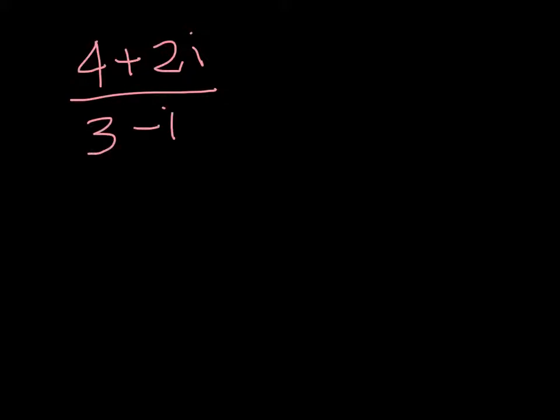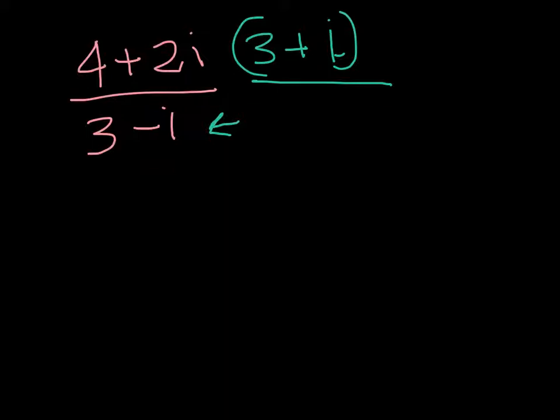Now let's start with a problem of much greater difficulty. We're going to be dividing our equations now. So we're going to have 4 plus 2i divided by 3 minus i. We never want to have an i in the denominator. So in order to get that from the bottom, we're going to multiply both the top and the bottom by 3 plus i.